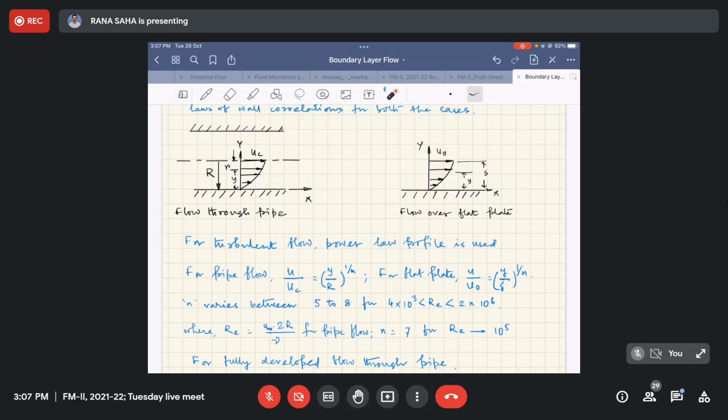Nobody has actually remembered that the basis of this Darcy's equation is purely experimental. Several experiments were conducted to see the effect of different parameters on the head loss.